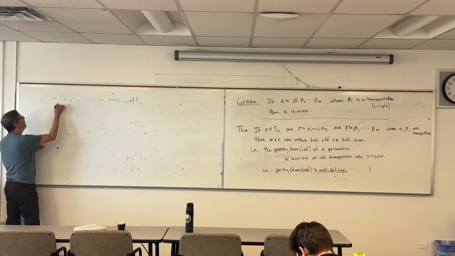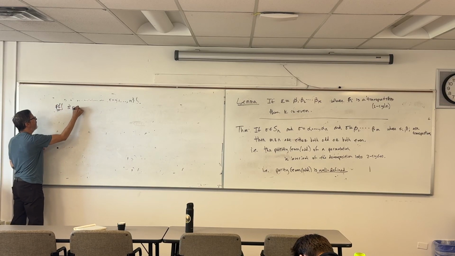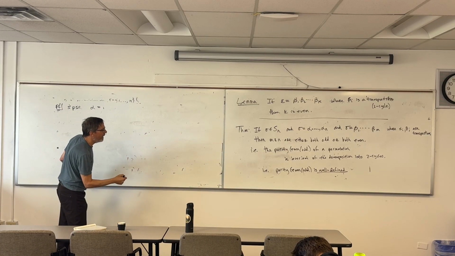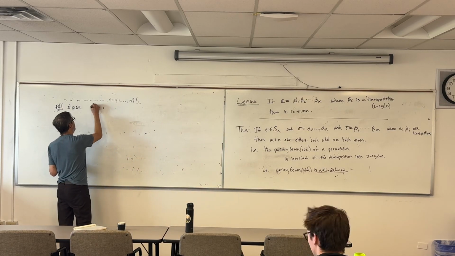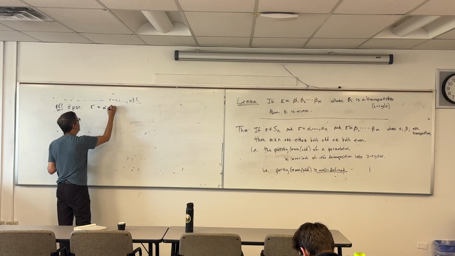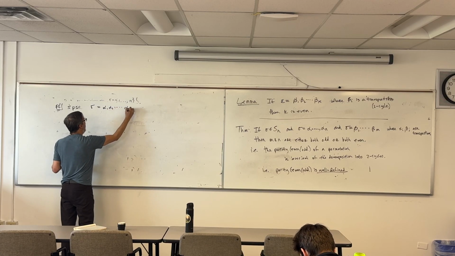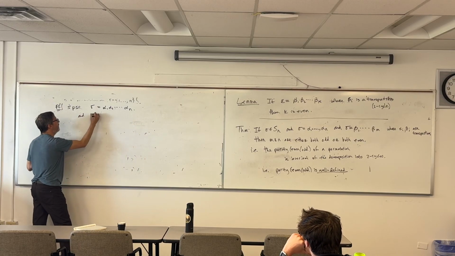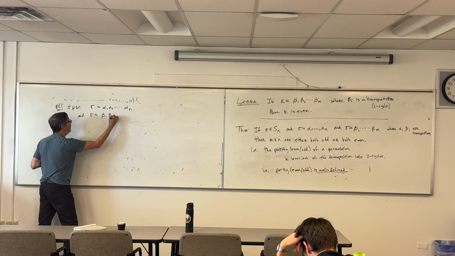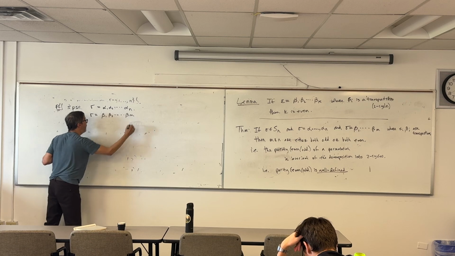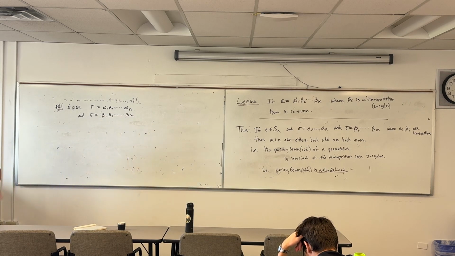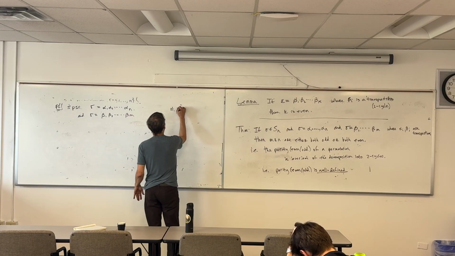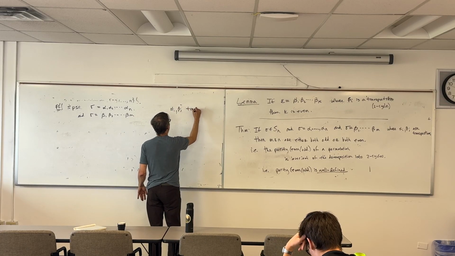And so, proof. Suppose sigma equals alpha 1, alpha 2, through alpha n, and sigma also equals beta 1, beta 2, through beta m, where the alphas and the betas are transpositions, 2 cycles.